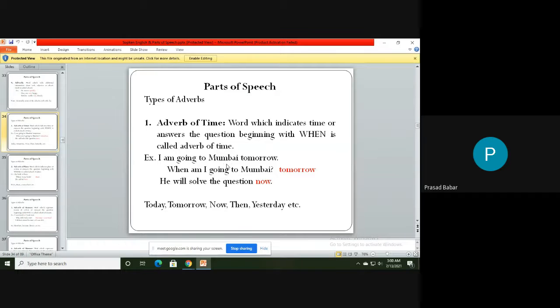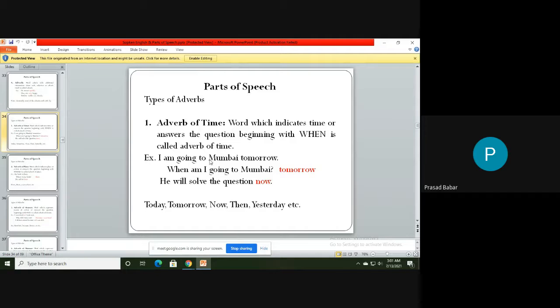I am going to Mumbai tomorrow. If we ask when to this sentence, or if we ask when to the verb, then it will give the answer, and that answer will be the adverb of time.